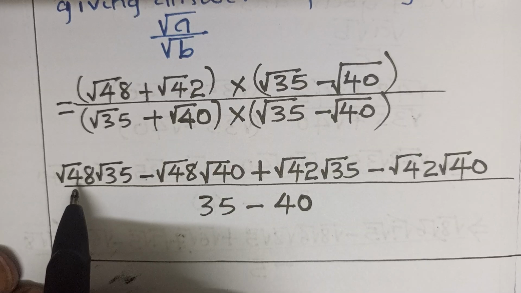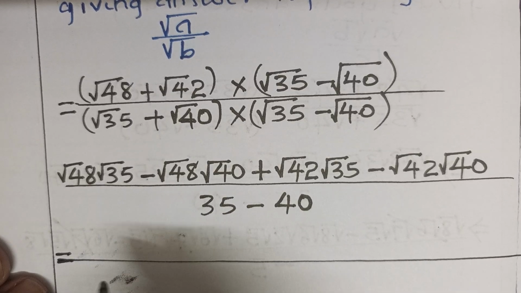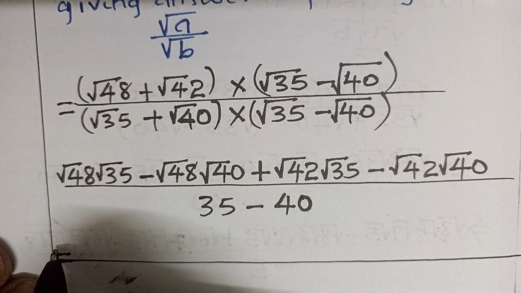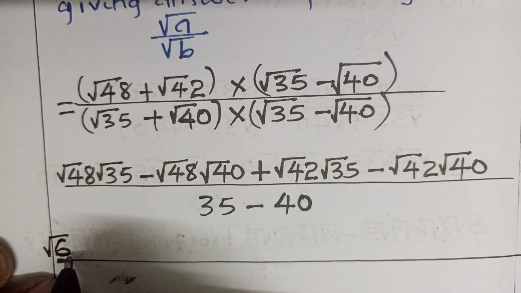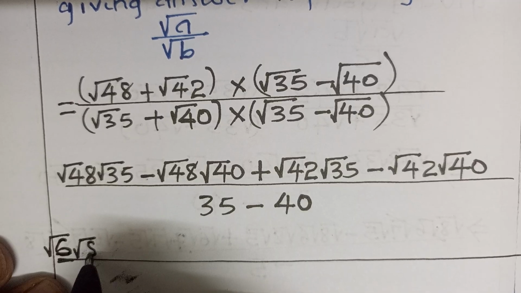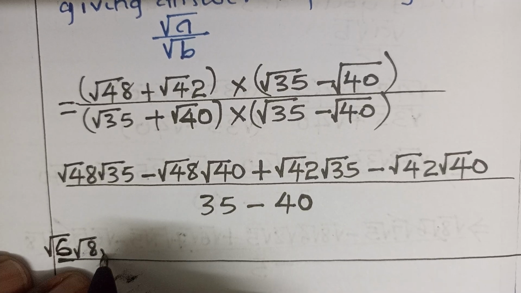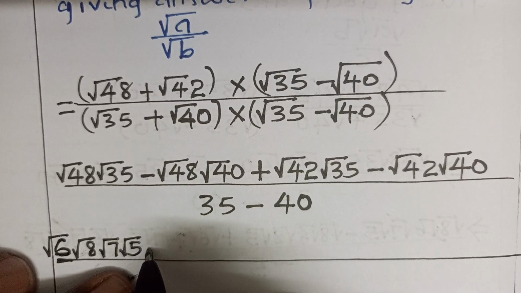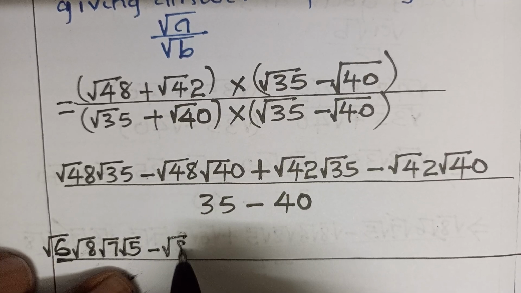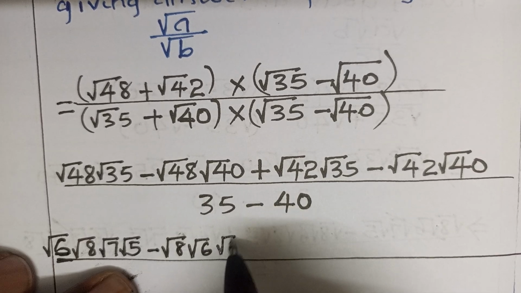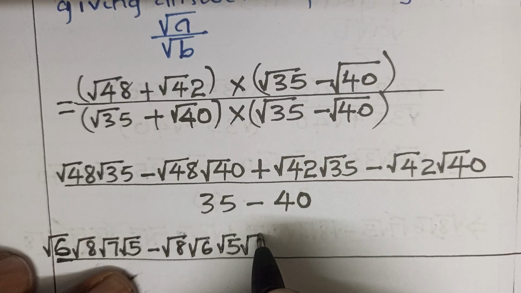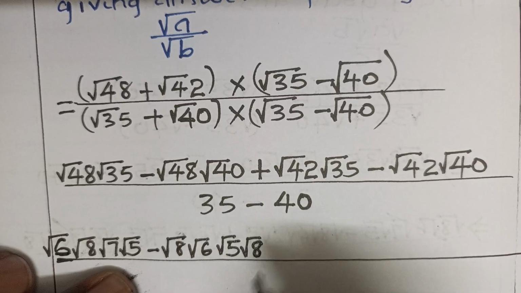We can now break down our terms. For 48, that is 6 times 8, and so we shall have √6, √8. Coming to 35, that is √7, √5. Minus, again, √8, √6, for 40 is √5, √8.